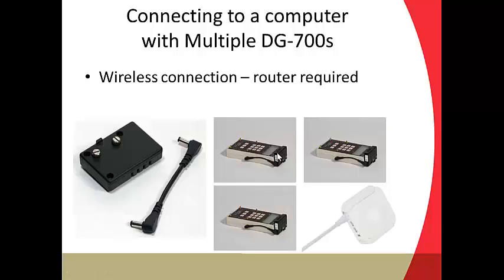Wi-Fi is certainly another option. Our Wi-Fi link is available now, and it sends out a Wi-Fi signal, and your DG700 with the serial number will show up as one of the Wi-Fi networks. So you don't need to connect to the internet or to a router in a house.